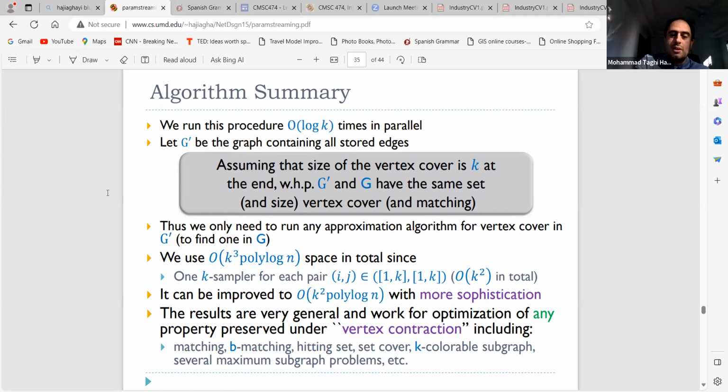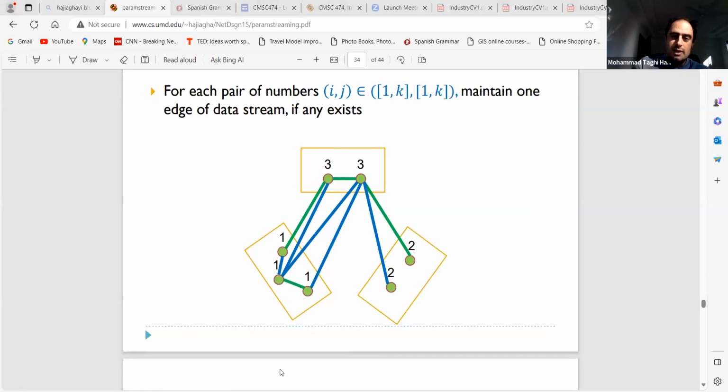So now, what is the space that we need? How can we keep edges between any of these two pairs? Between any two of these colors, I will keep a k-sparse recovery structure, and that would be enough for me to actually keep one edge between any of these pairs of labels.